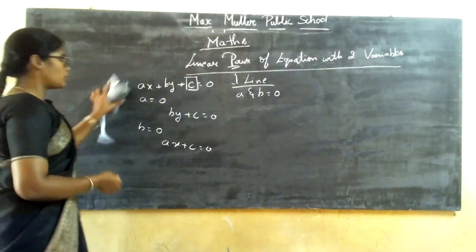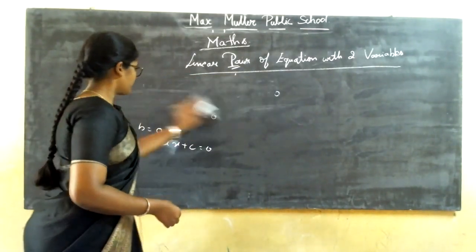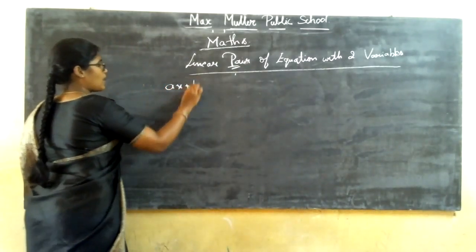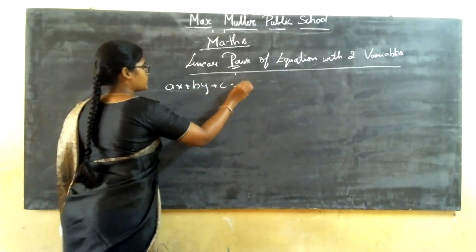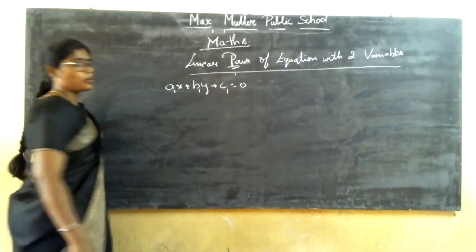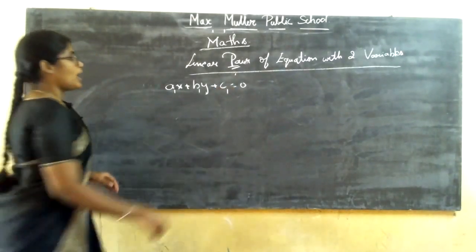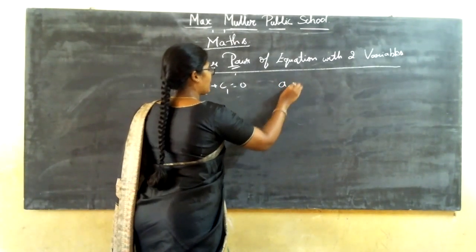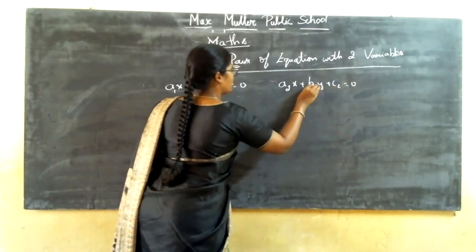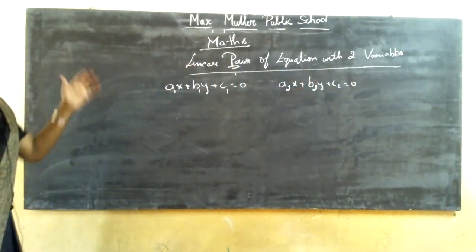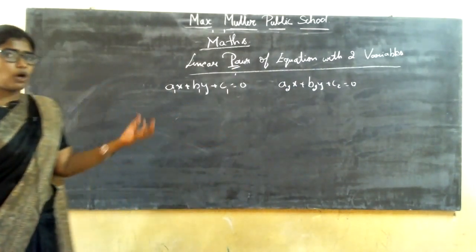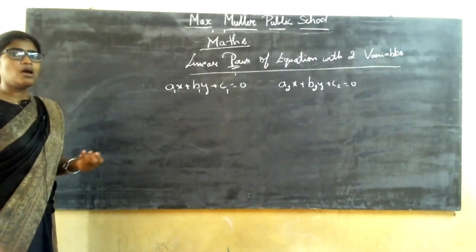So the first line will be a1x plus b1y plus c1 is equal to 0, and the second line will be a2x plus b2y plus c2 is equal to 0. Clear about this? Since we have learned it in the previous classes, you just need to remember it.